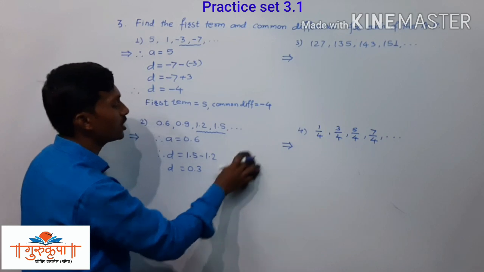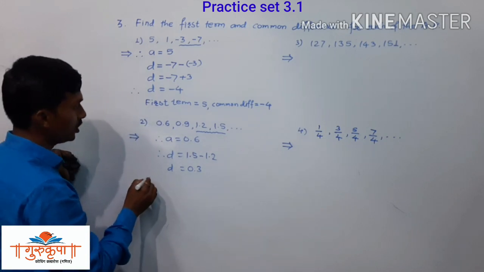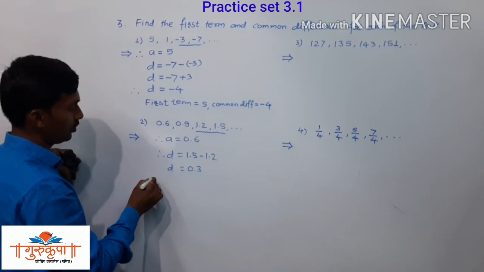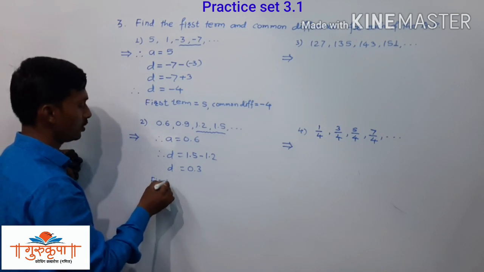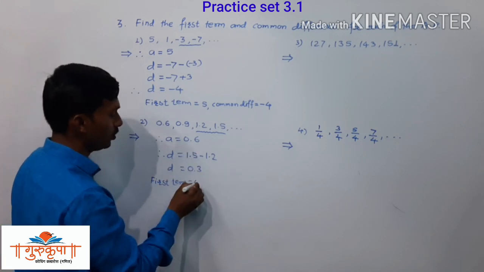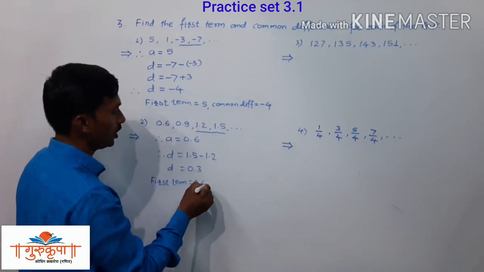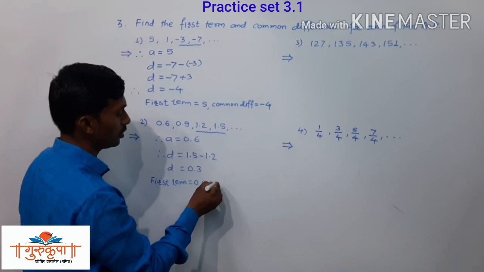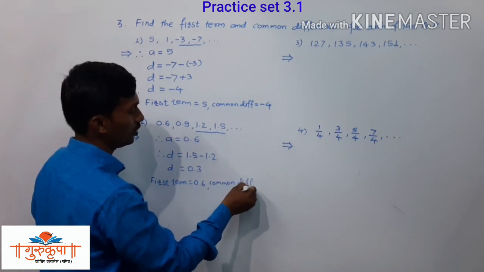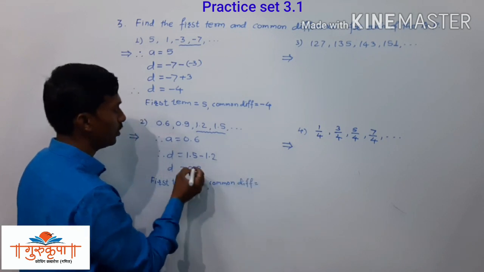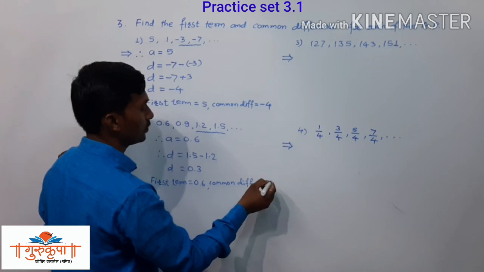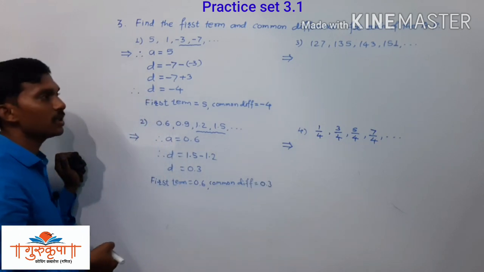You can write the answer in words, that is first term is equal to 0.6 and common difference is equal to 0.3. So this is all about the second example.